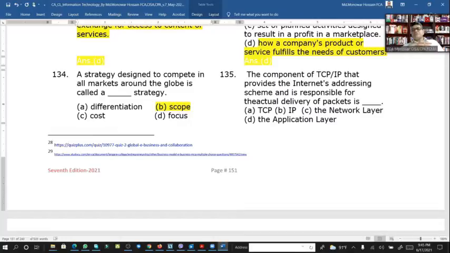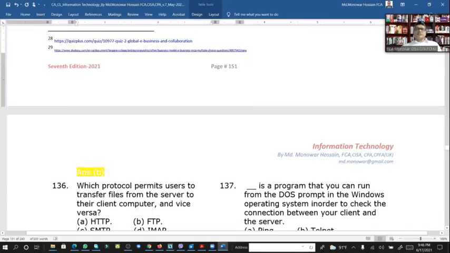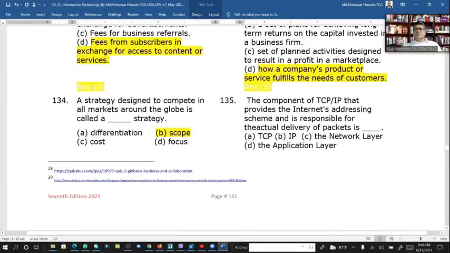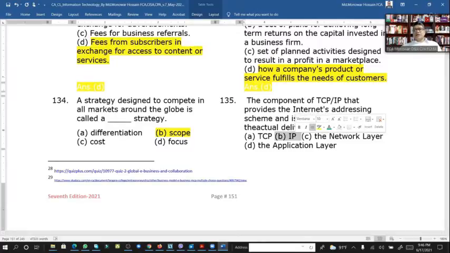The component of TCP/IP that provides the internet address scheme and is responsible for the delivery of packets is TCP, IP, network layer, application layer. So the answer is Internet Protocol, IP.